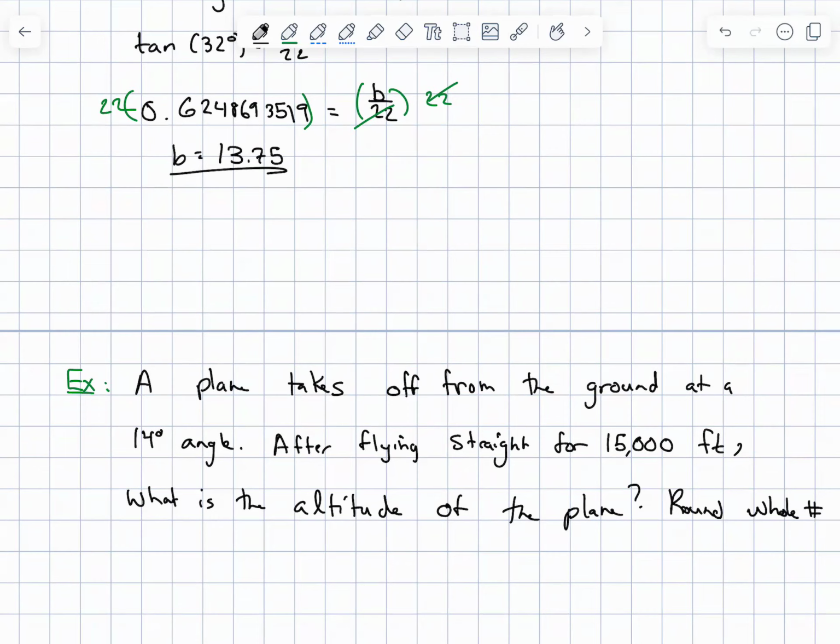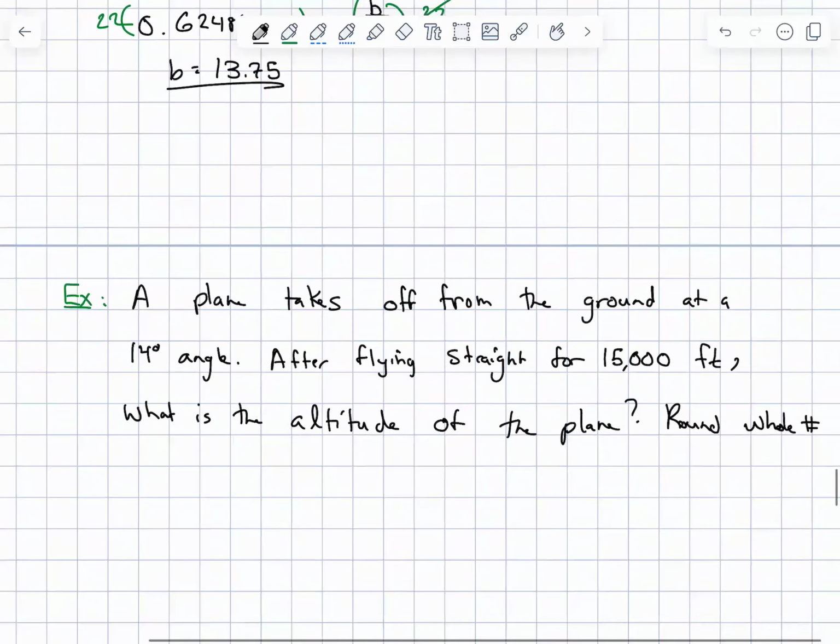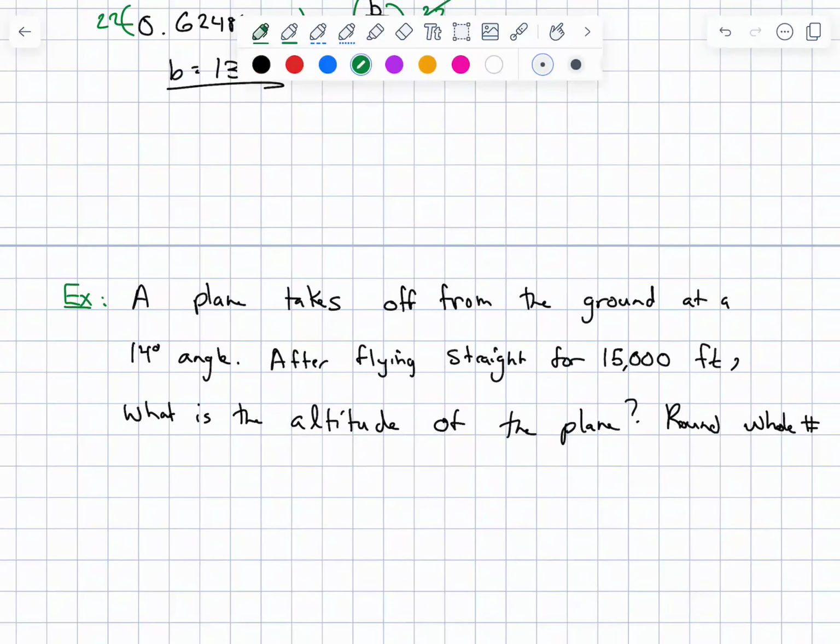So whenever you're given these situations, sometimes you're given a picture, in which case kudos, yay, but otherwise you need to draw your own picture. Mathematicians are the ones that coined the phrase that a picture is worth 1,000 words, because it really helps you figure out your math problems.